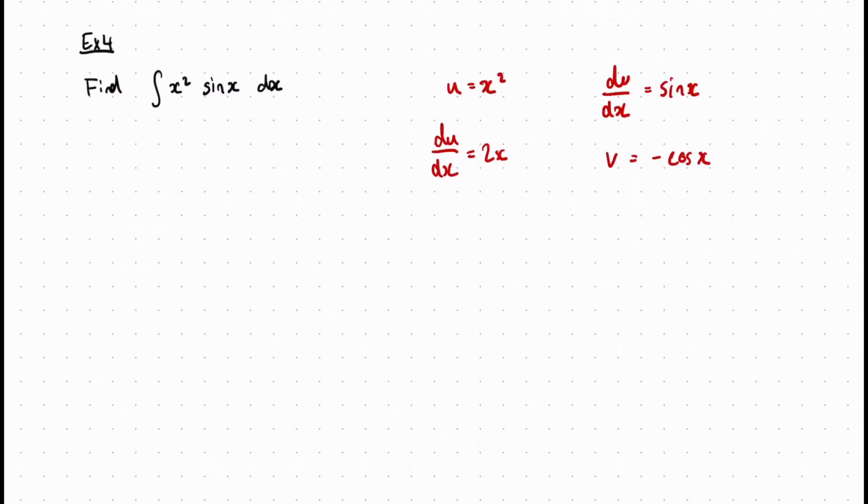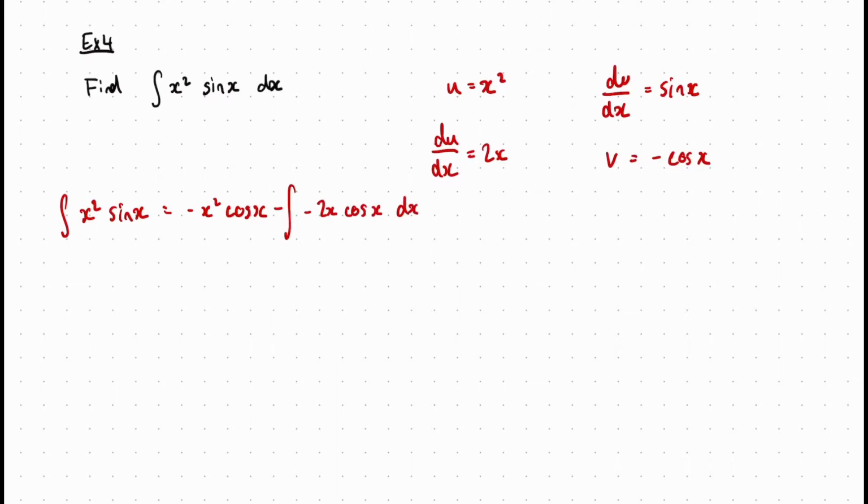When I do it by parts, the integral of x squared sine x is going to become uv, so minus x squared cos x, minus the integral of v du dx, which would be minus 2x cos x.